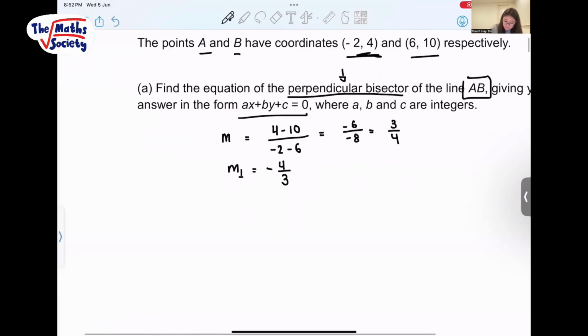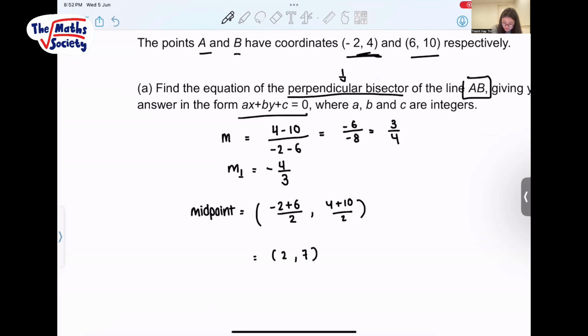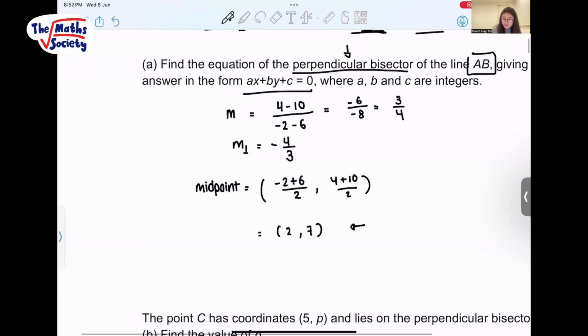And we can find the midpoint of it. So the midpoint is basically just the two x's added together divided by 2, and then the two y's added together divided by 2. And then it should be (2, 7). So this is your midpoint, and then we have to find the equation, right?